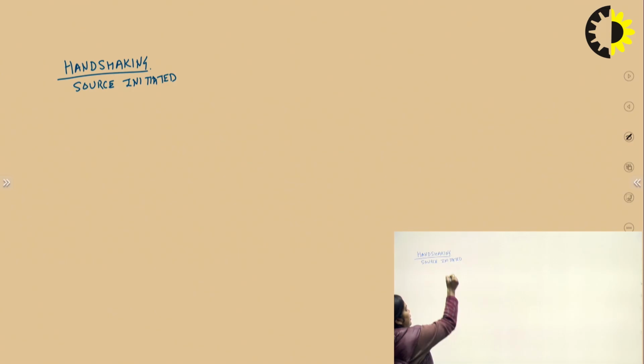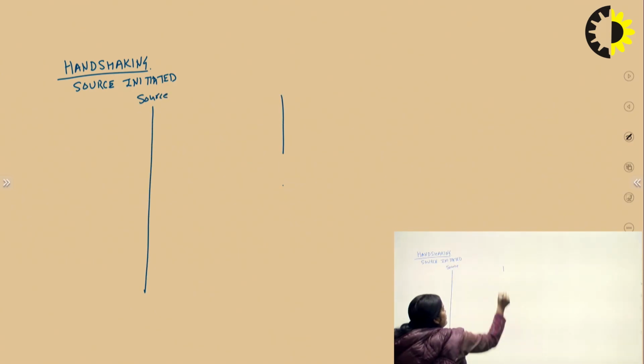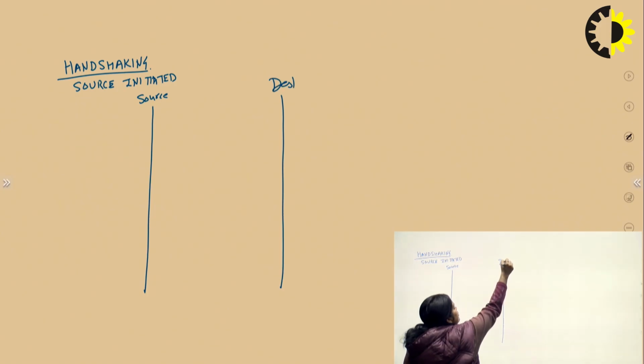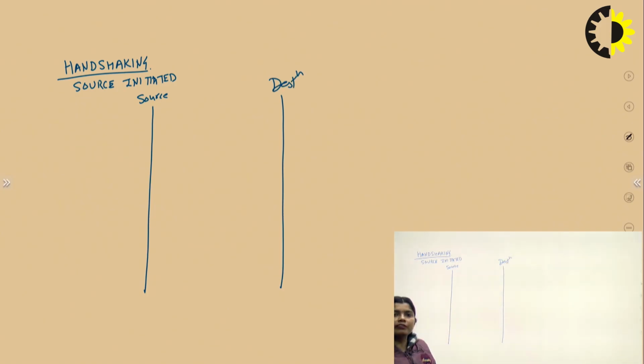This is my source and this is the destination. Don't be confused by source or destination. Source is just your particular device. It can be a CPU, a RAM, auxiliary memory or virtual memory, it can be anything. And the destination can be a register, a CPU, memory, RAM, whatever. Some hardware components will be there.